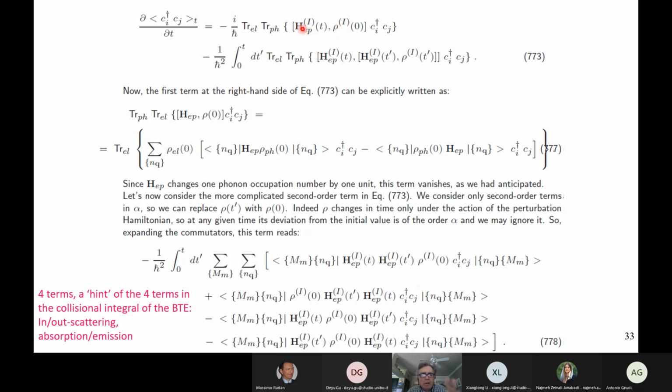Assuming that this is purely diagonal, they're both diagonal, they will vanish. But this is the term we were interested in, and we will stop at the second order in the Hamiltonian. So we have these terms, which have 2 electron phonon Hamiltonians calculated at 2 different times. One is coming from the first integration that we did, and one is coming from the second integration.